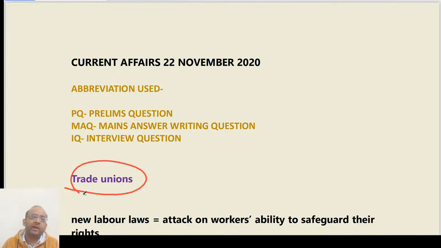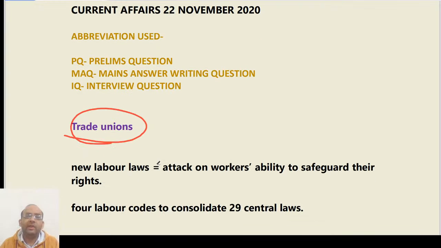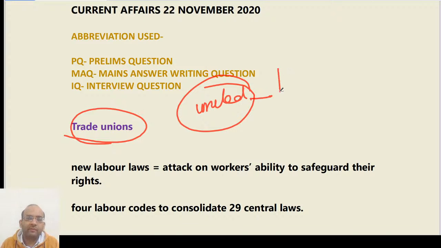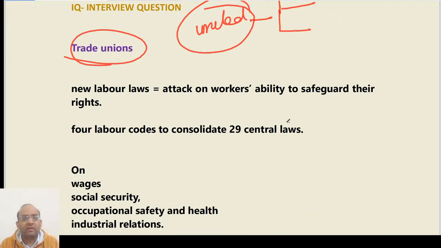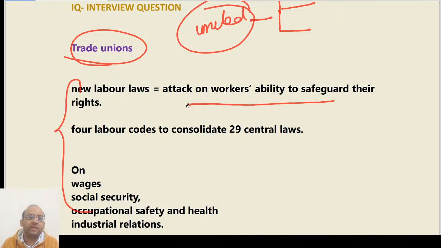This is where the trade union concept comes into being. The labor started getting united to get their labor rights. That is fair wages, fair working conditions, participation in management, etc.